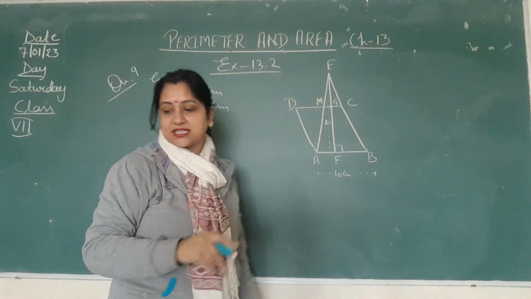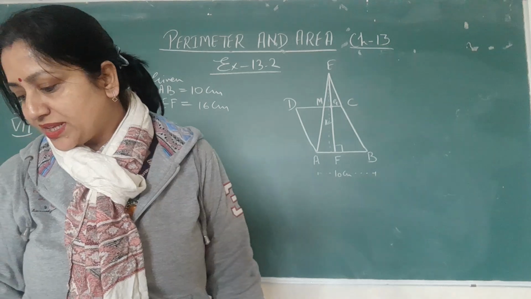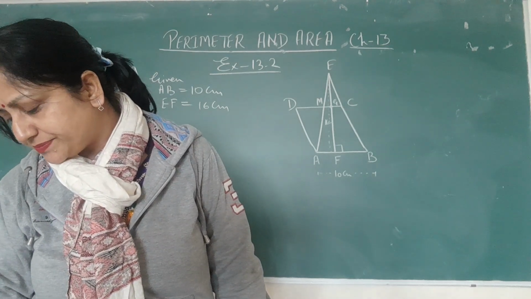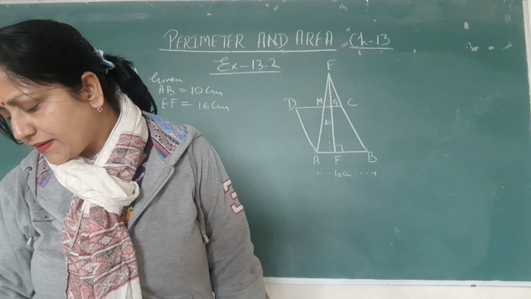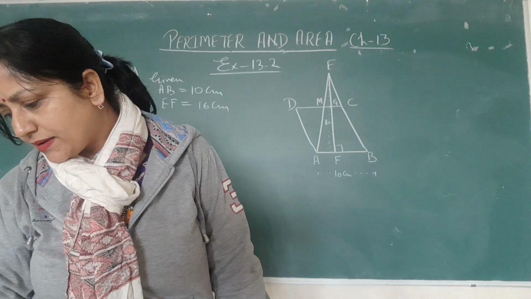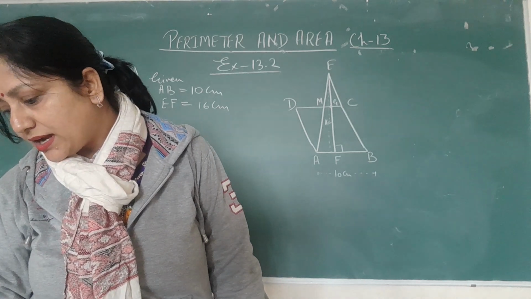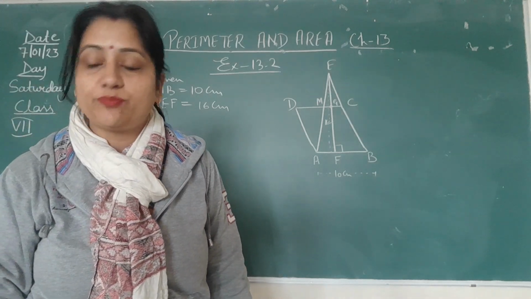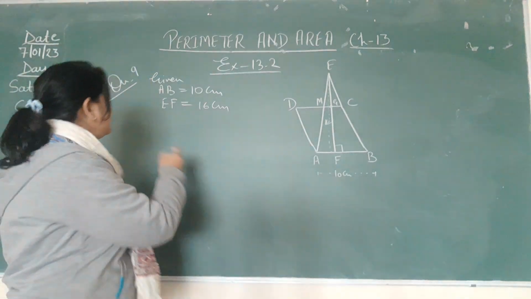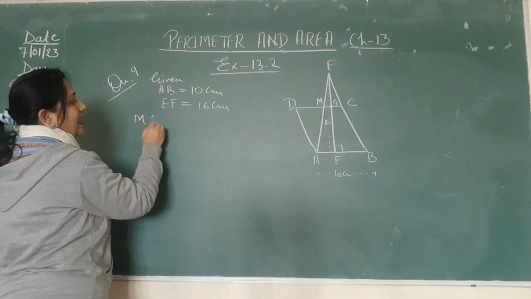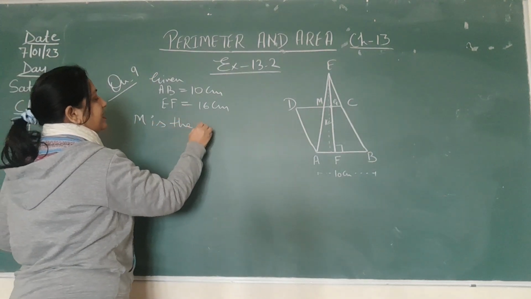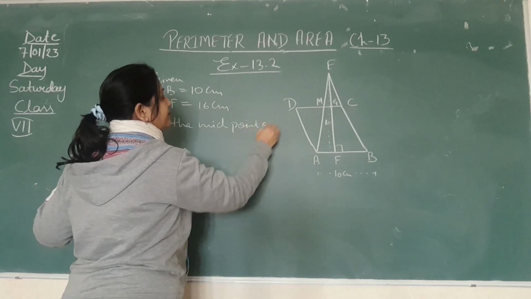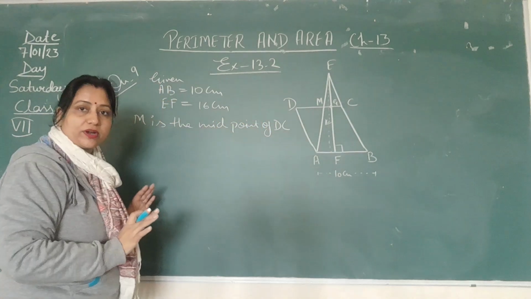And one more thing is given in this question: find the length where M is the midpoint of side DC. M is the midpoint of DC. This line is very important.